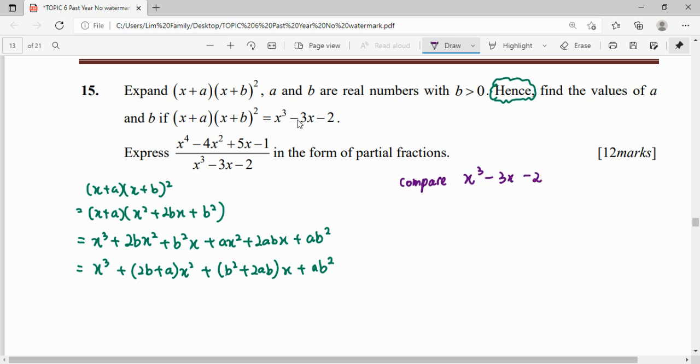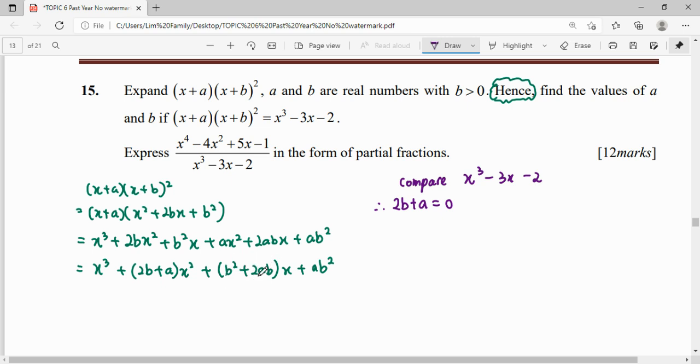So what can we compare? For x³, they are the same. For x², it doesn't have any, which means we can conclude that the coefficient of x² is 0. So that's why we don't have any x², so this constant is 0. For x, it is negative 3.